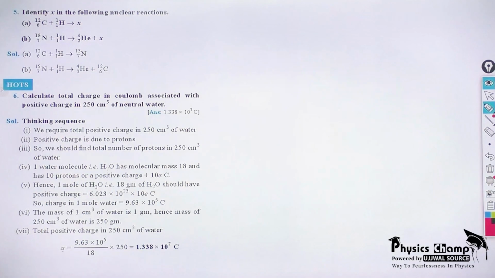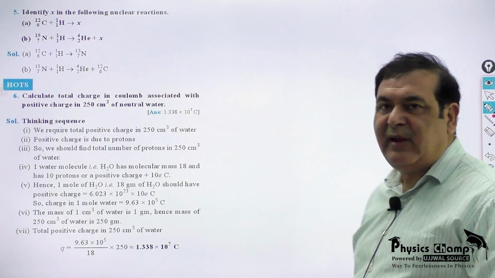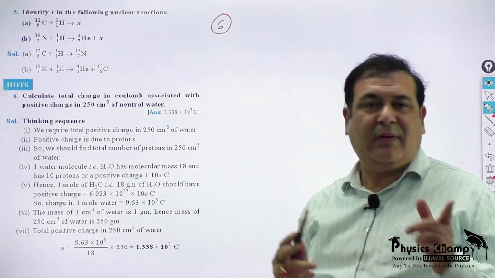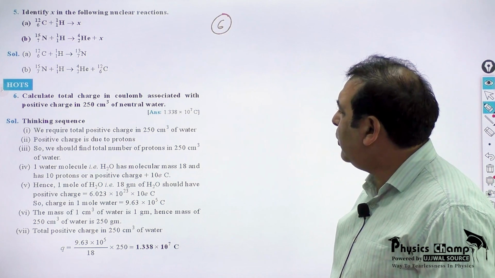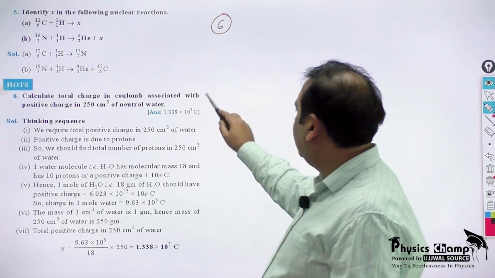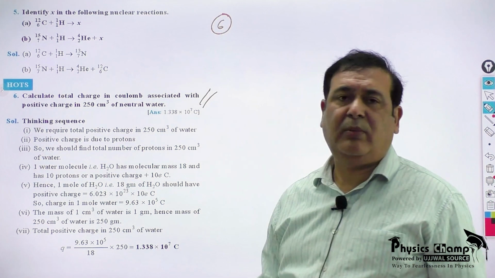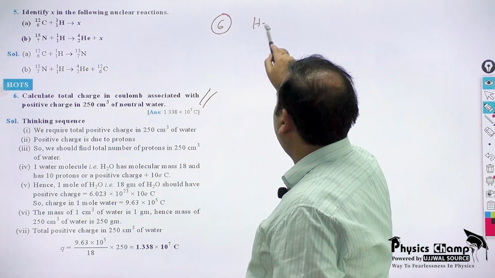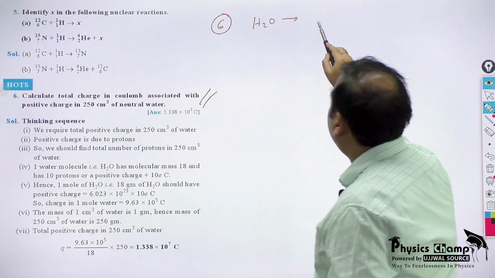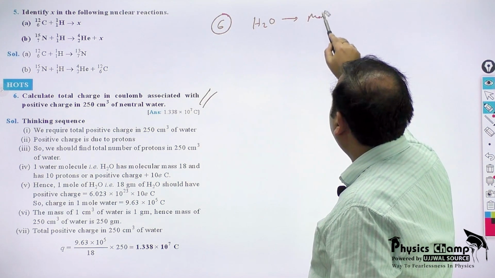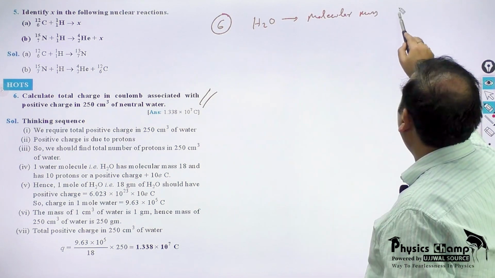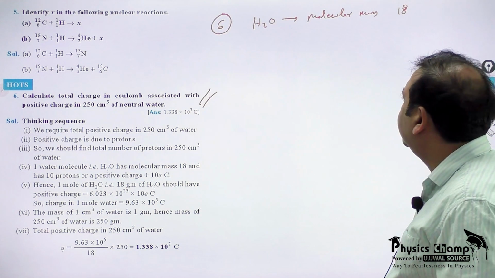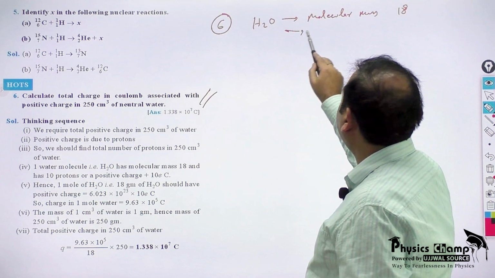Now this question number 6, you can say it's a next level question, and a similar question you will see as an NCERT question. Calculate total charge in coulomb associated with 250 centimeter cube of neutral water. So you have H2O. The molecular mass of each water molecule is 18. And what is the charge?